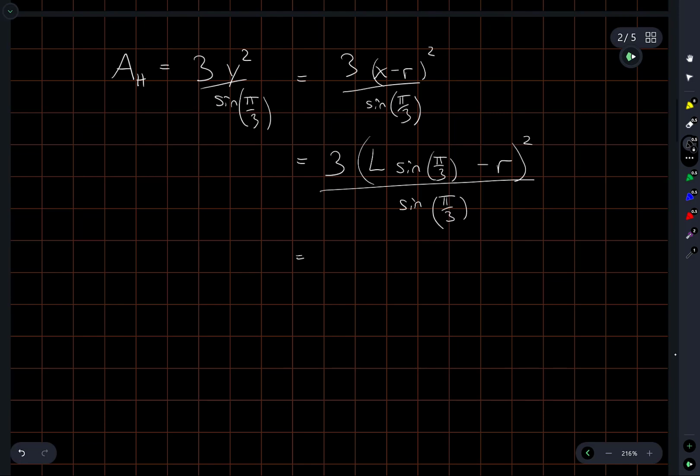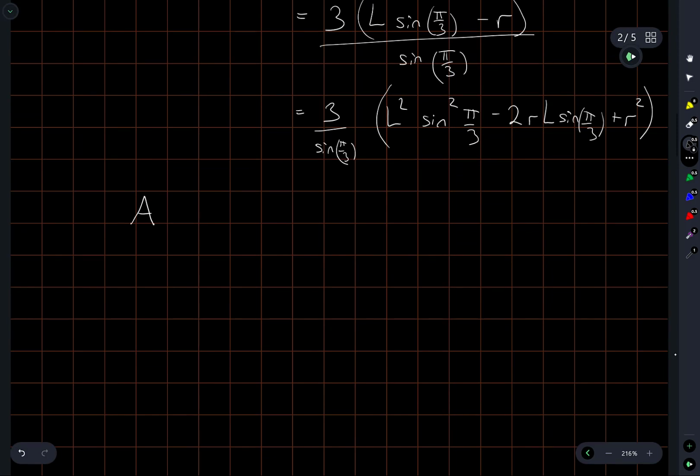And if I expand this, I get L squared sine squared pi over 3 minus 2RL sine pi over 3 plus R squared.